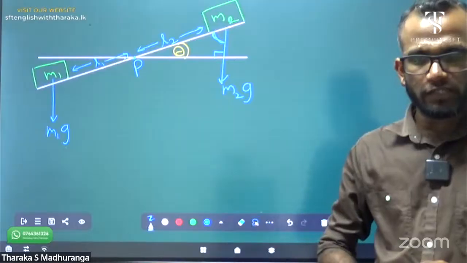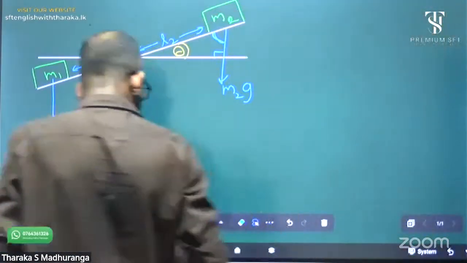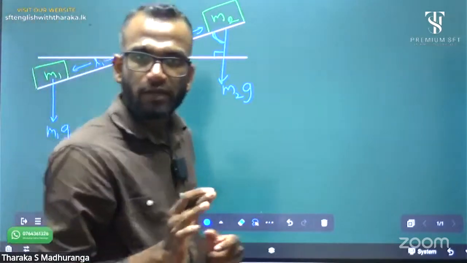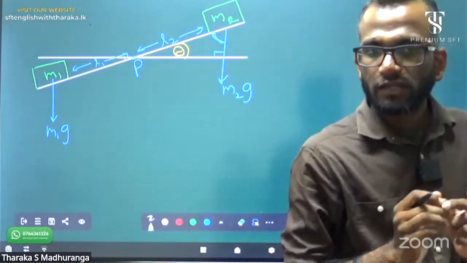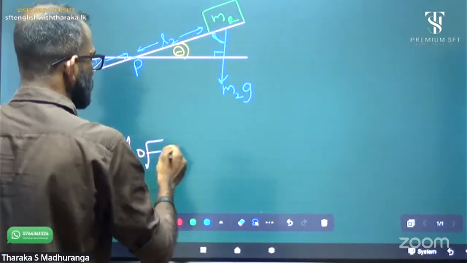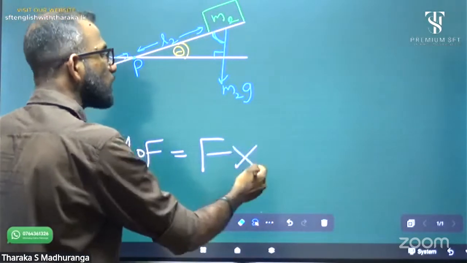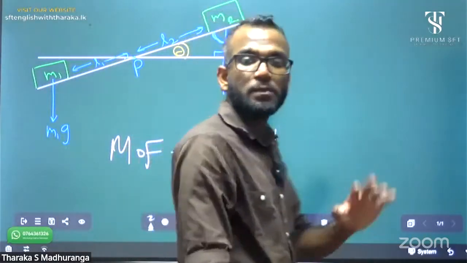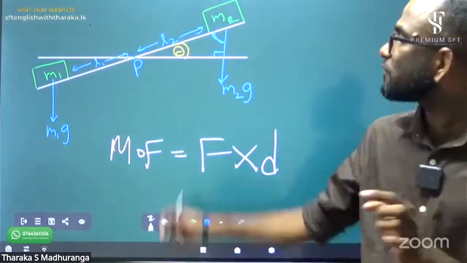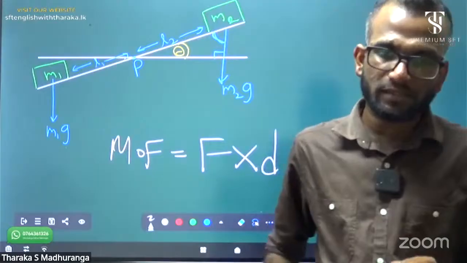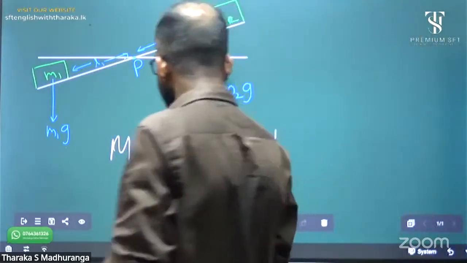That's the basic equation, but you have to be careful. These forces are not perpendicular now. Moment of force equals force multiplied by the perpendicular distance, and the force and distance now have a theta angle.